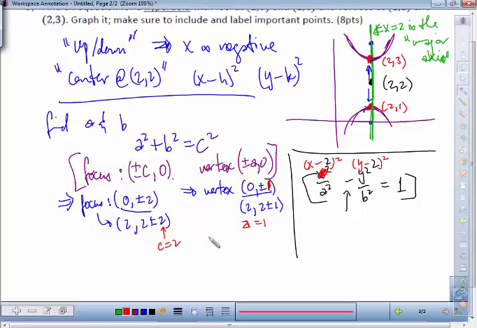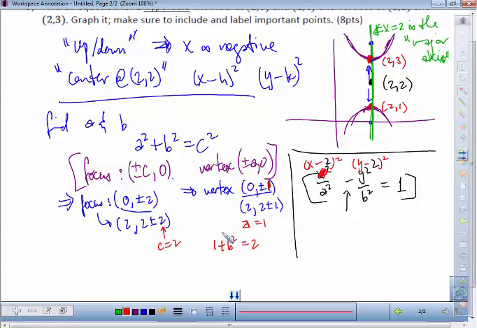So B, we got 1 plus B squared is equal to 2. I got square root of 3.